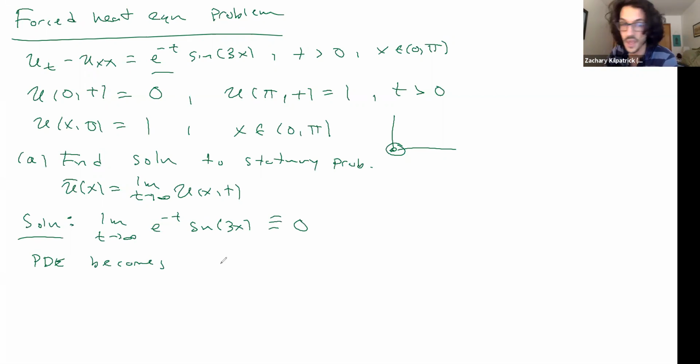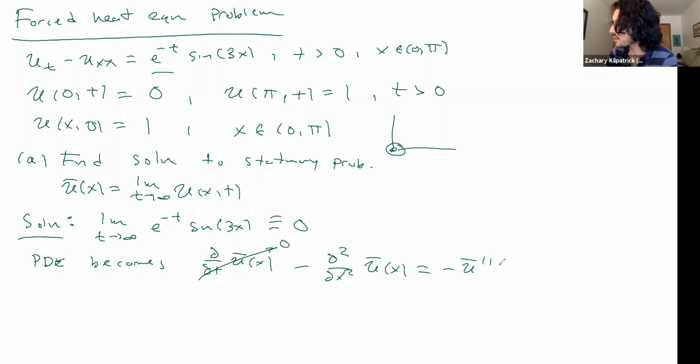Well, remember that a stationary solution should have no time derivative, okay, but it will have a space derivative, right? So this is going to be minus u bar prime prime of x equals 0.